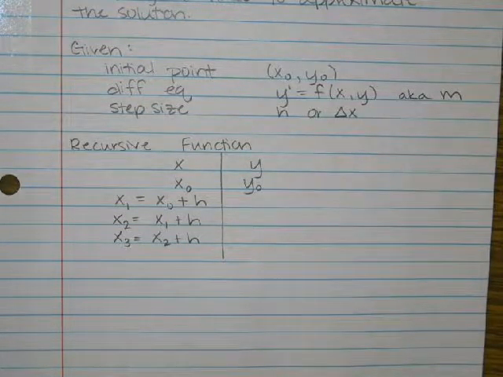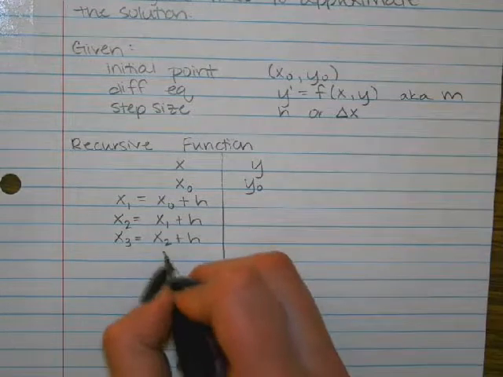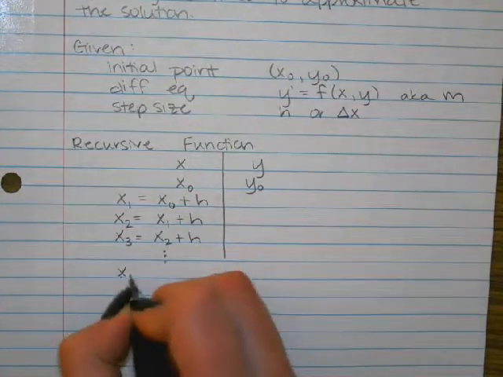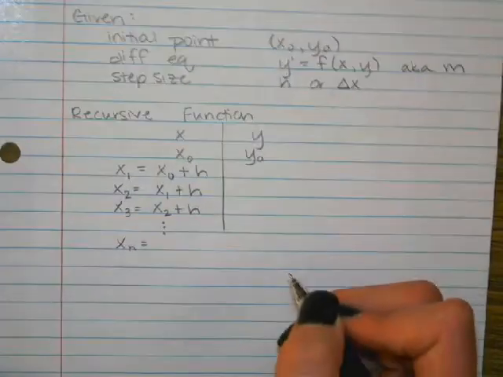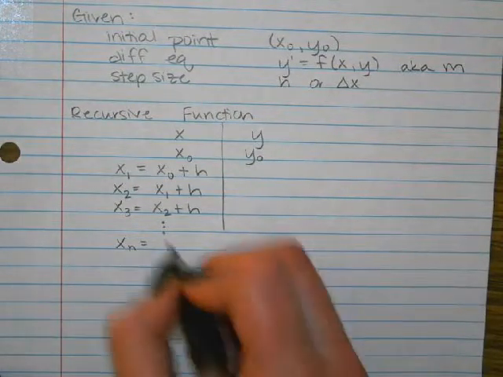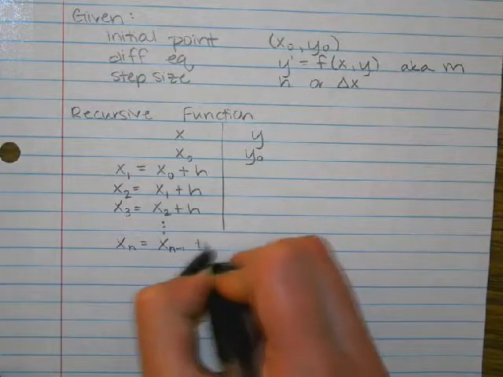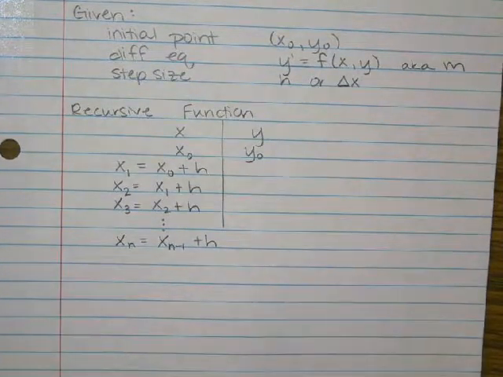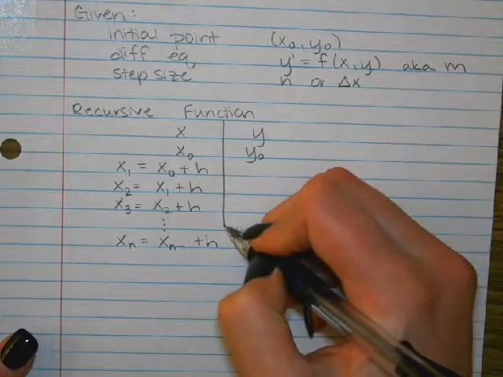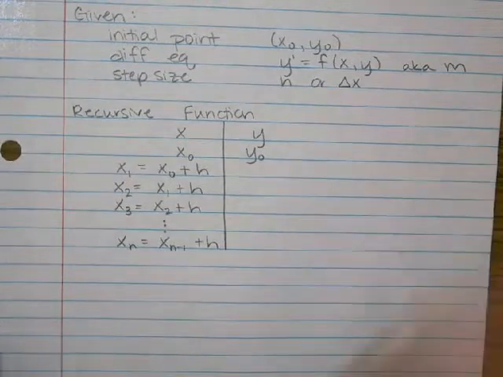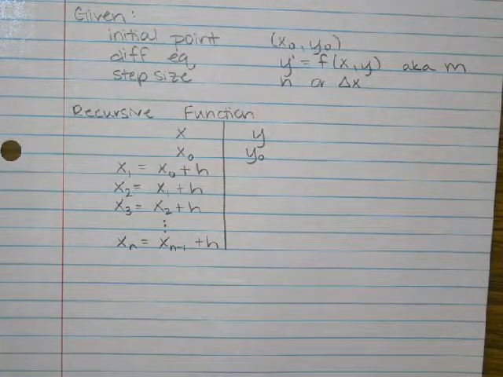Okay. So if we were to generalize this to a formula, we would say that the nth term would be what? Yeah, x sub n minus 1 plus h. So the x's are easy to figure out because they are the independent variable, right? You choose what you want the x to be and then you plug it in.